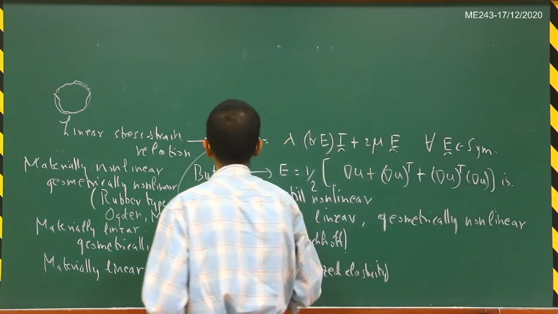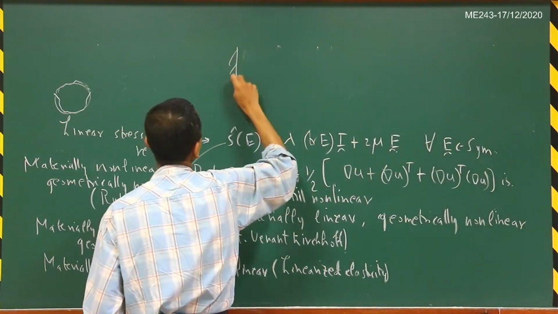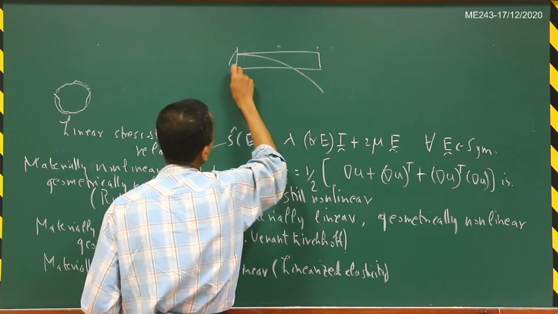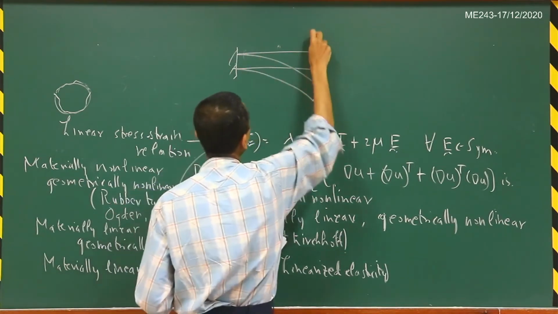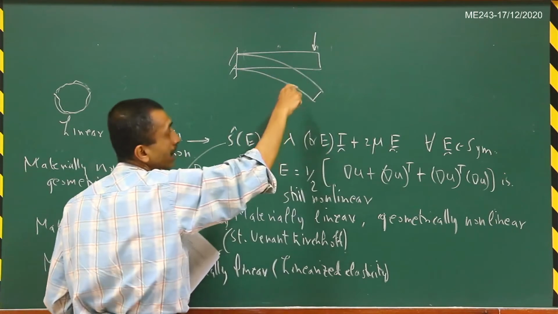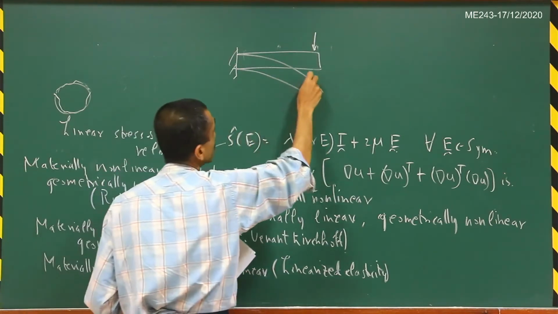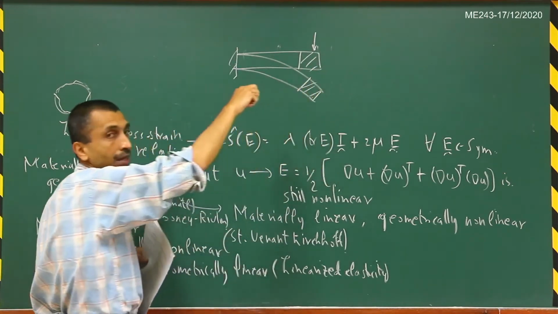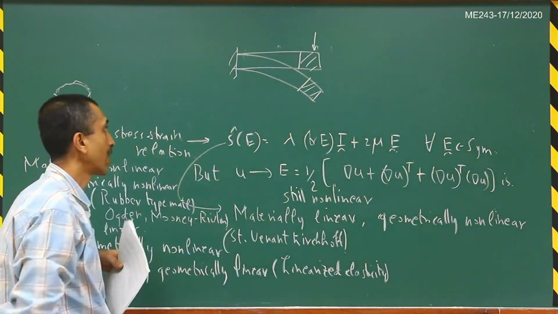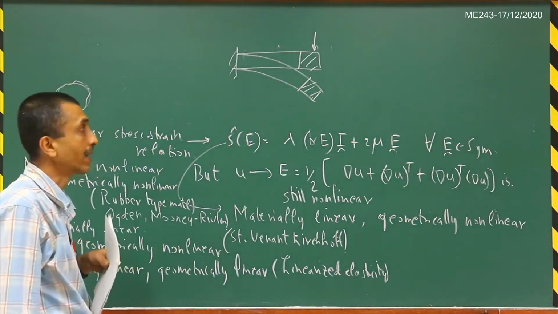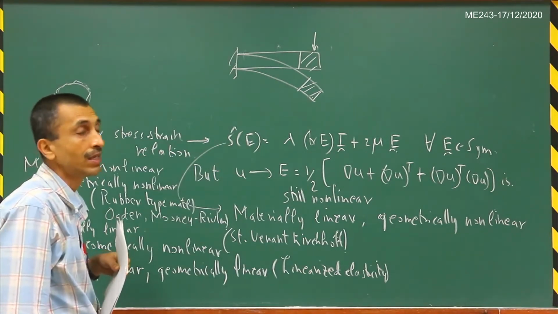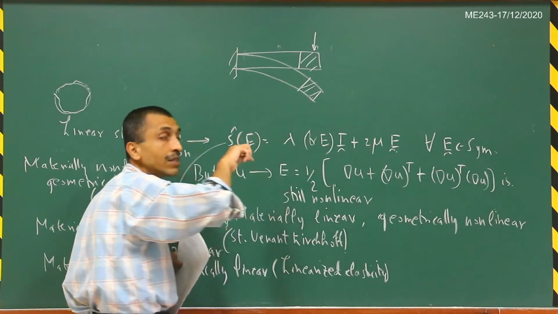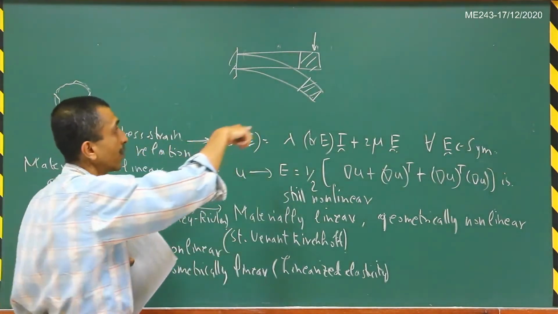Suppose imagine that there is a cantilever beam like this, and now imagine that you apply some load, and it undergoes a very large displacement. If you now look at this kind of a block, just a part of this cantilever, then you will see that actually the displacements are very large, but the strains are very small, in this region here.